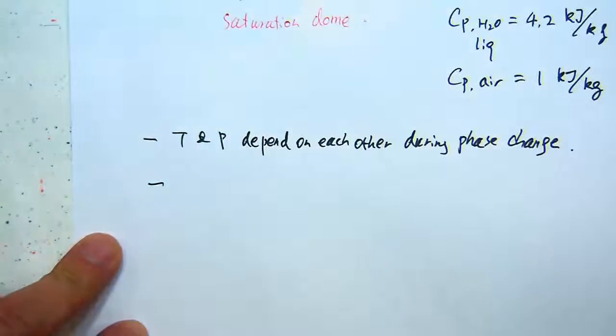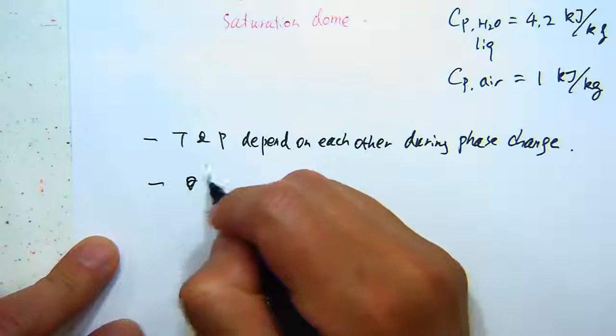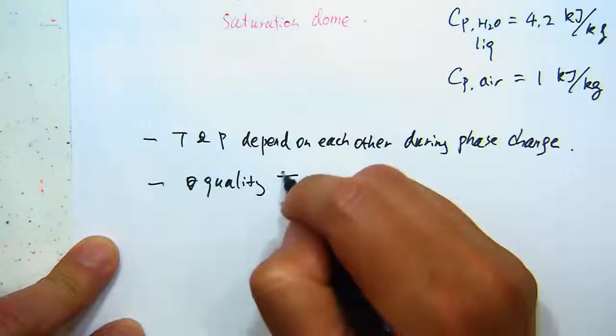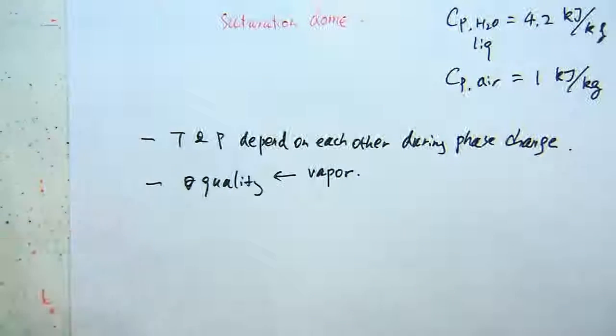So we define another independent property called quality, which mostly refers to the vapor quality, and this parameter was initially defined for steam.